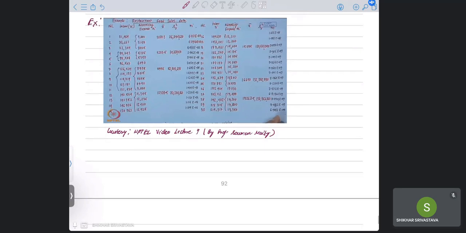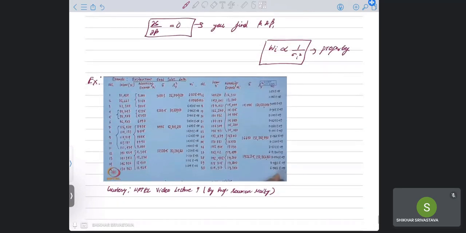Given this, we have some data. This data is for some restaurant food sales. There are a total of 30 observations, 15 here and the rest.